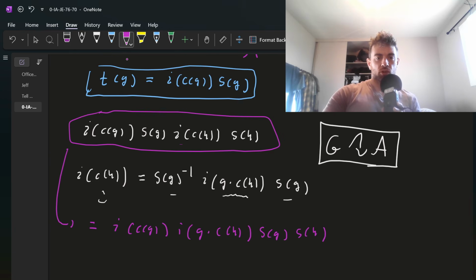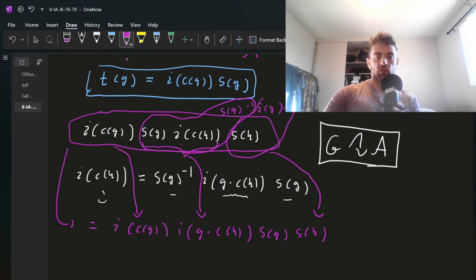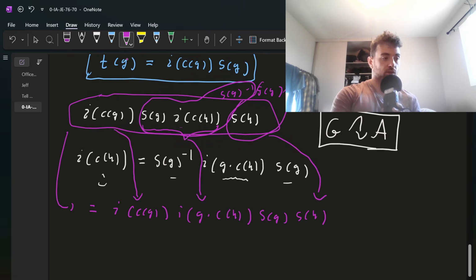So maybe I'll explain that. This term goes here. This term I can put in an s of g inverse s of g here, right? And now I'm rewriting this in terms of the action. And then I have left over the s of g times s of h here. So that's exactly what's happening.